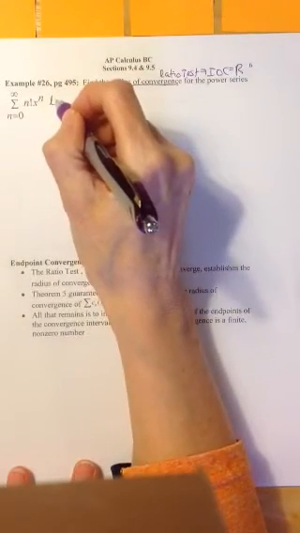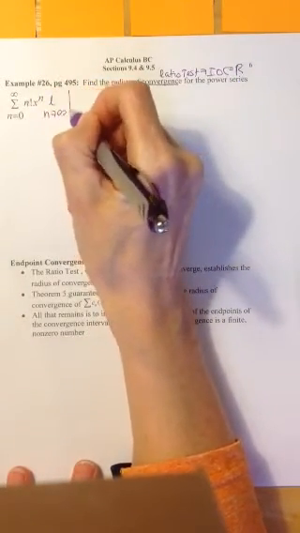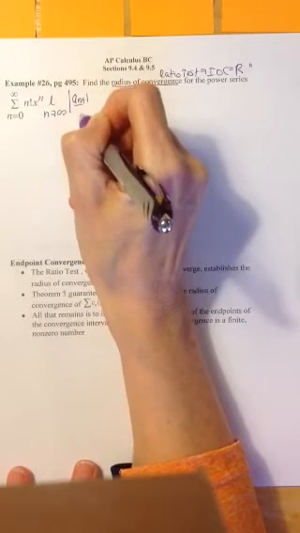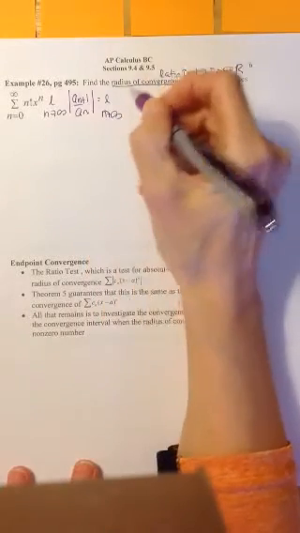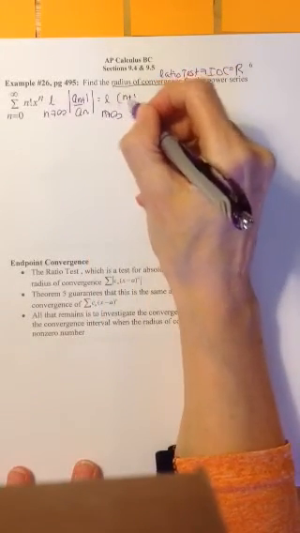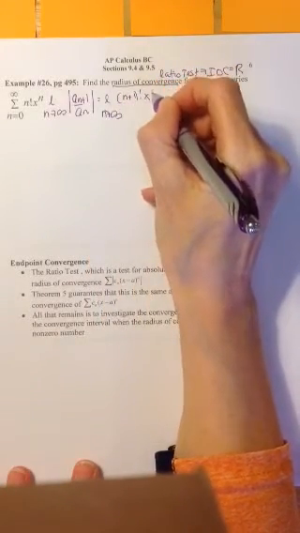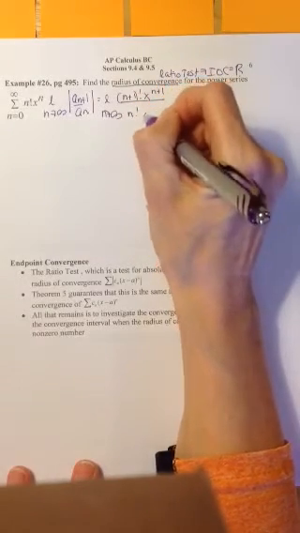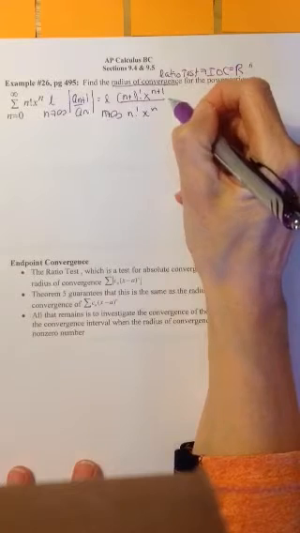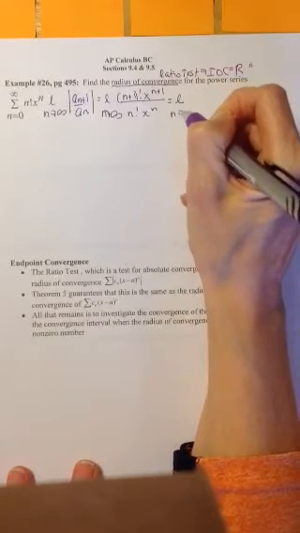Okay, so we're going to take the limit as n goes to infinity, the absolute value of a sub n plus 1 over a sub n, which is the limit of n plus 1 factorial, x to the n plus 1, all over n factorial x to the n, which is just the limit as n goes to infinity.